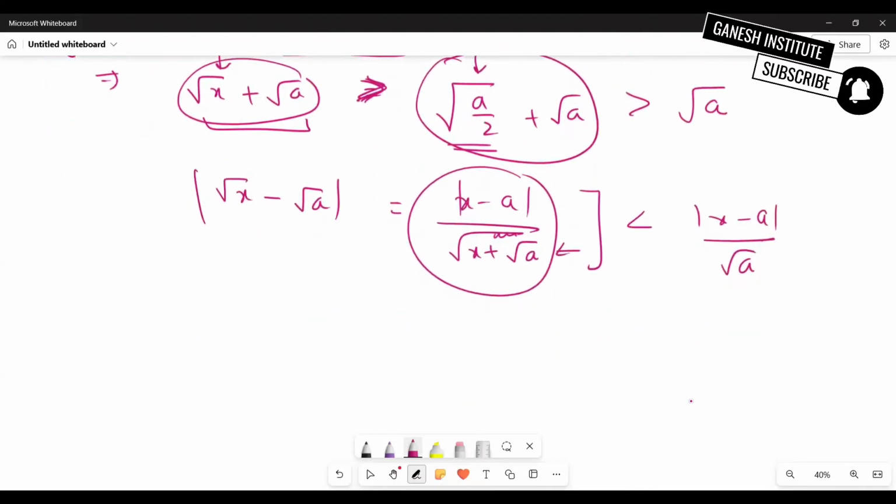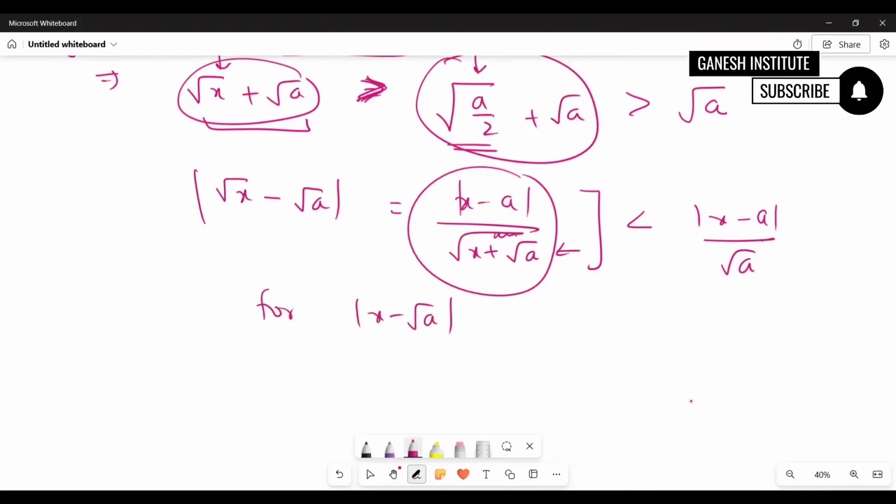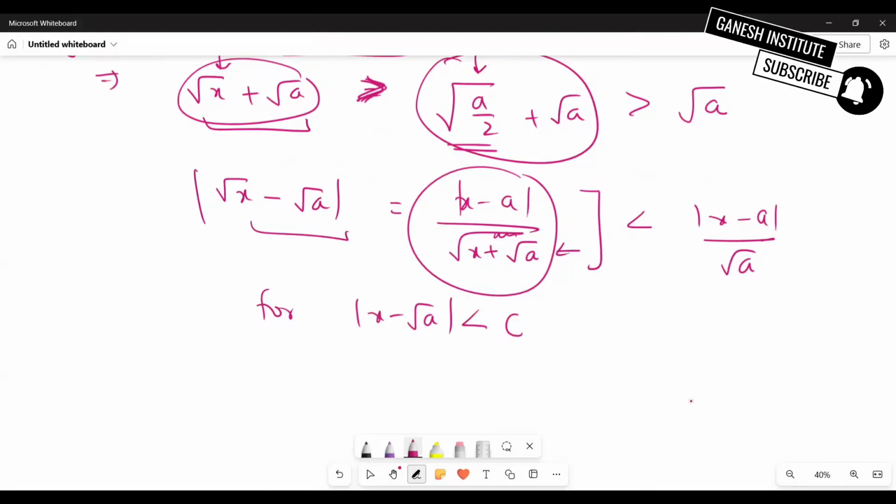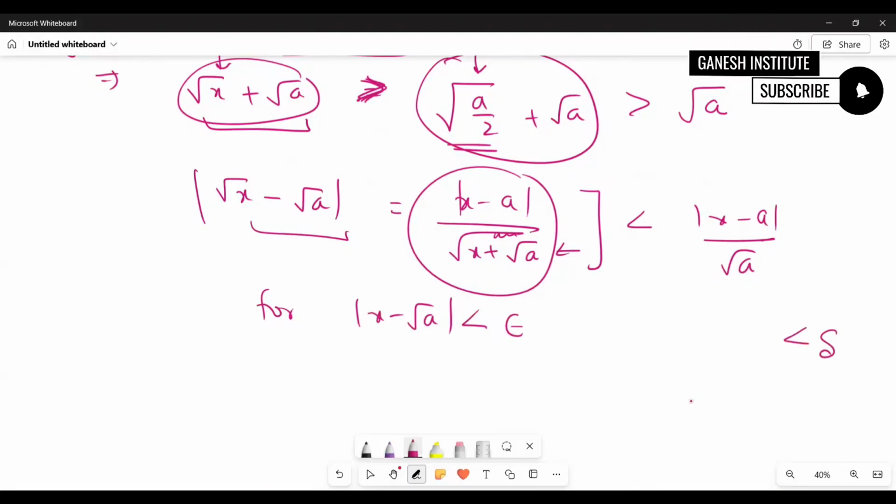So then you will say that, okay, now bring that definition into the picture. If you have x minus root a lesser than epsilon, because you have to say that it is lesser than delta. This is what you have to prove.